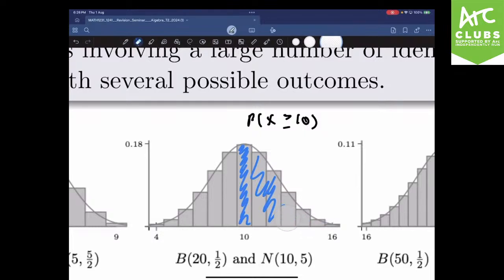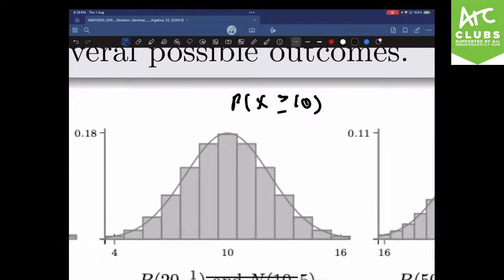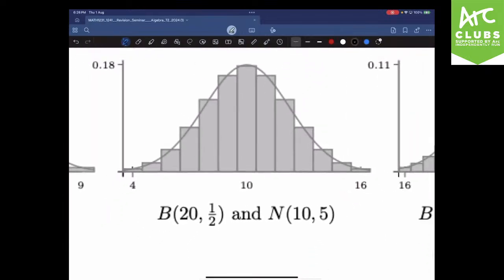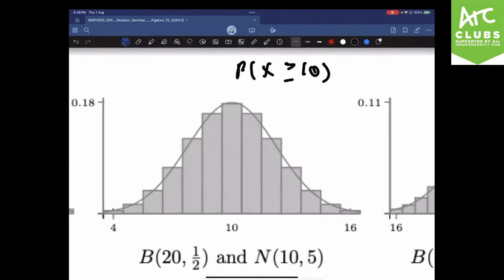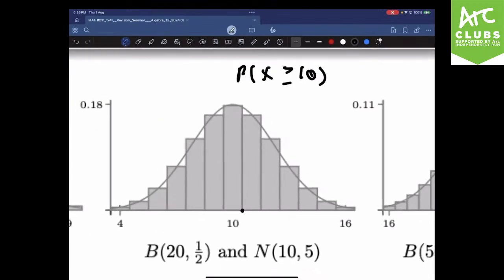So how do we change that? That is actually a good question. We'll notice that for my binomial distribution, each value point, for example 10, actually lies between 9.5 and 10.5, so plus or minus 0.5 of the actual value.